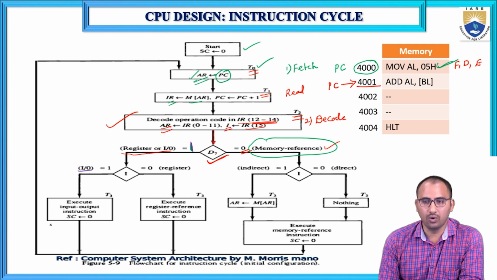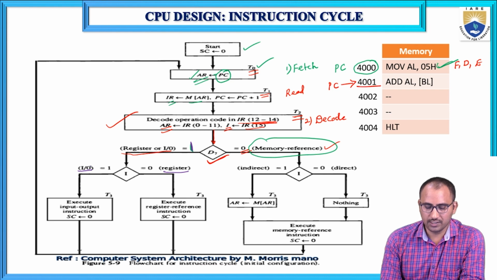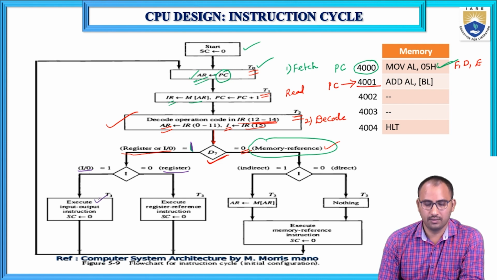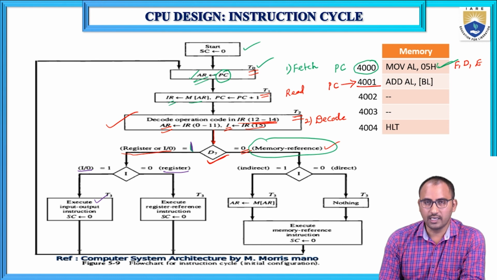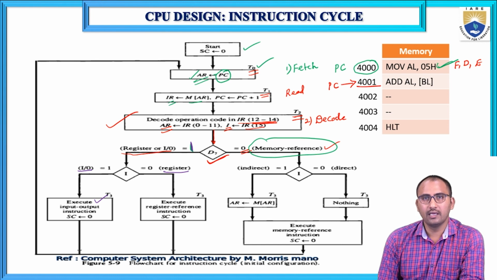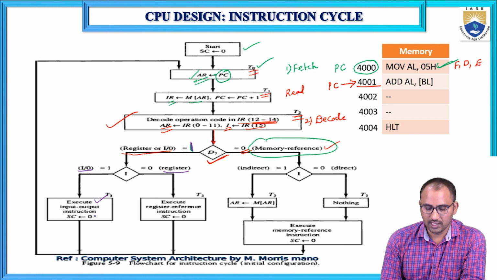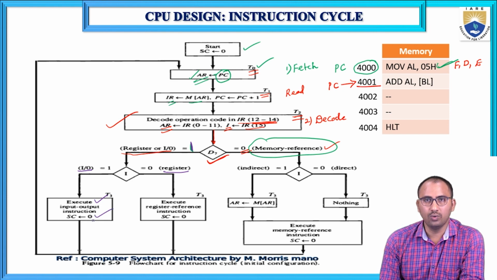If I is equal to 0, then that is a register reference instruction. If it is an IO reference instruction, then that instruction will be executed. Once it is executed, the next instruction will be fetched from the memory, so the sequence counter will be initialized to 0.